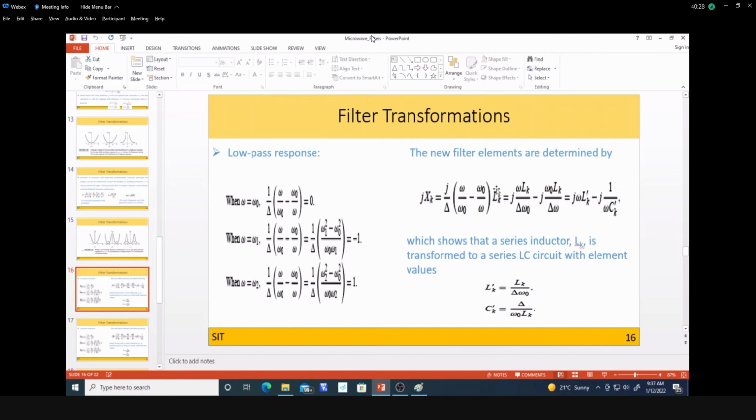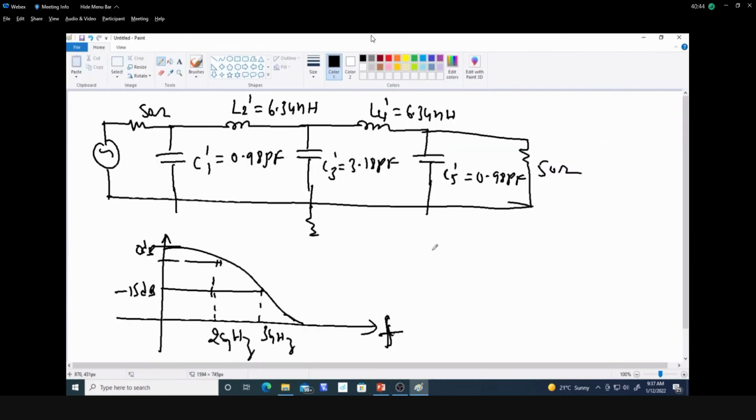Now we can see this is a series inductor which is transformed into a series LC circuit. The series inductor from the low pass type will have two elements, right?